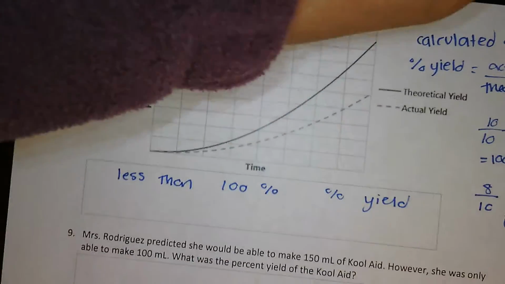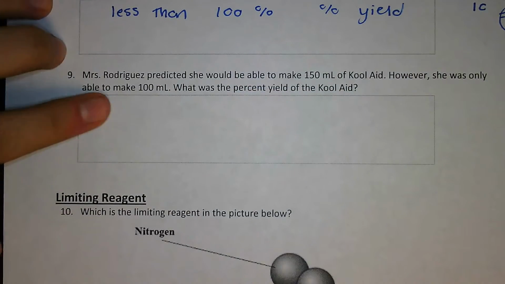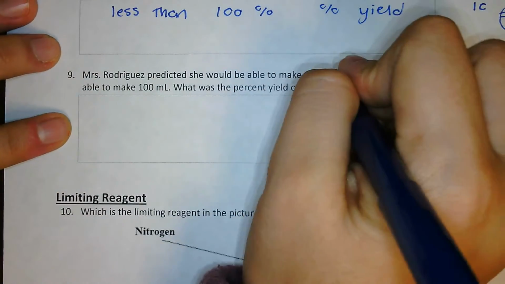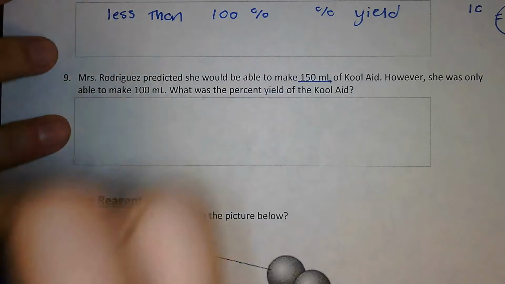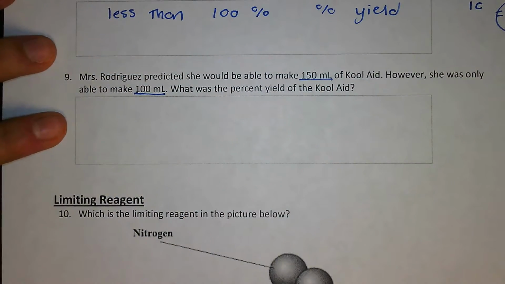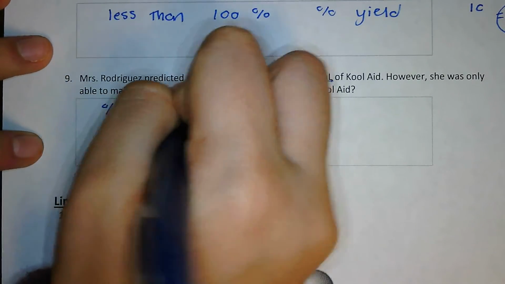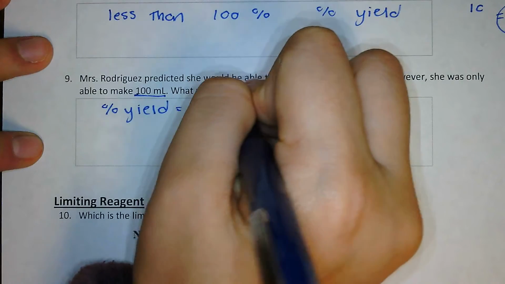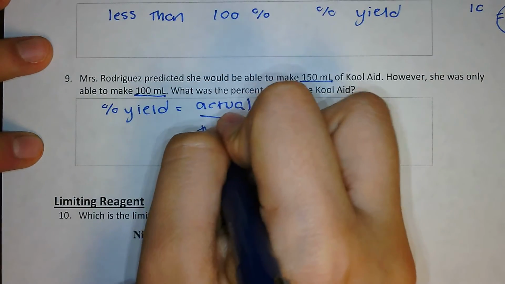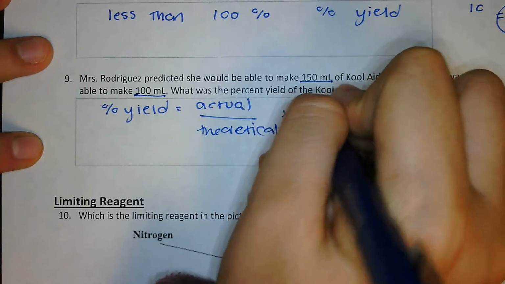All right. Next one, I made some Kool-Aid. I thought I could make 150 milliliters, but I was only able to make this many. What was the percent yield of my Kool-Aid? Pretty easy. My percent yield formula is actual over theoretical and all of that times 100.